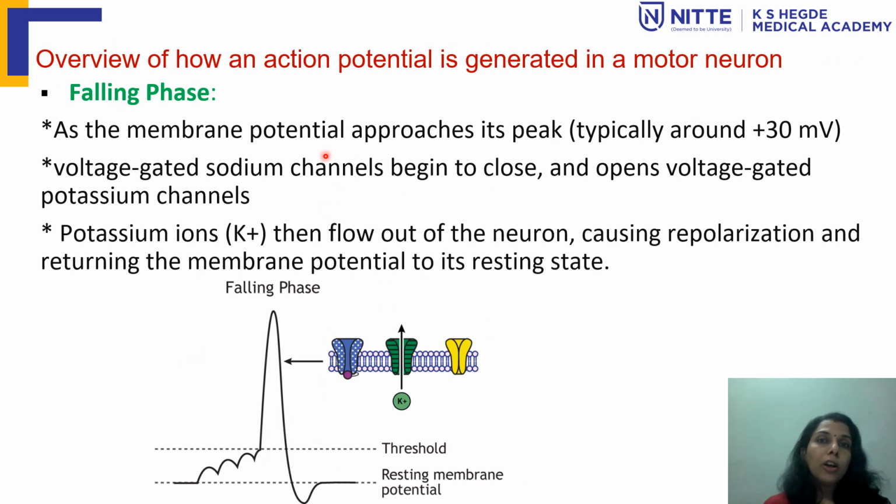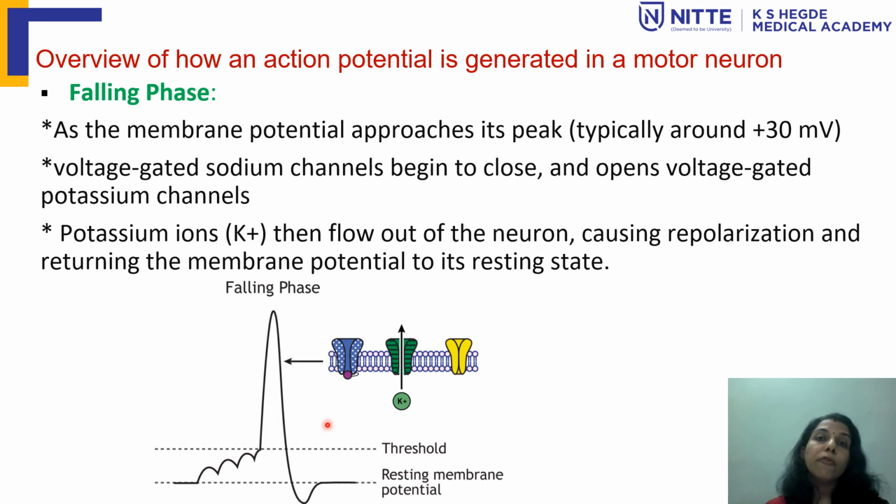Next is the falling phase. What is the falling phase? As the membrane potential approaches its peak, that means around 30 millivolts, the voltage gated sodium channels begin to close, and there will be opening of the voltage gated potassium channels. And what happens when there is opening of the potassium channels?